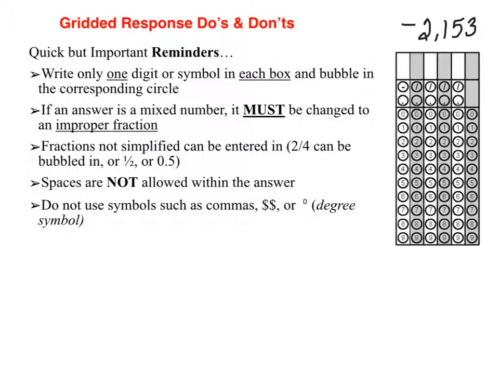So you should have put the negative in the first box, then 2, 1, 5, 3. Again, we don't put anything like commas into the grid, and we don't leave a space. So then it should be negative 2, 1, 5, and 3.